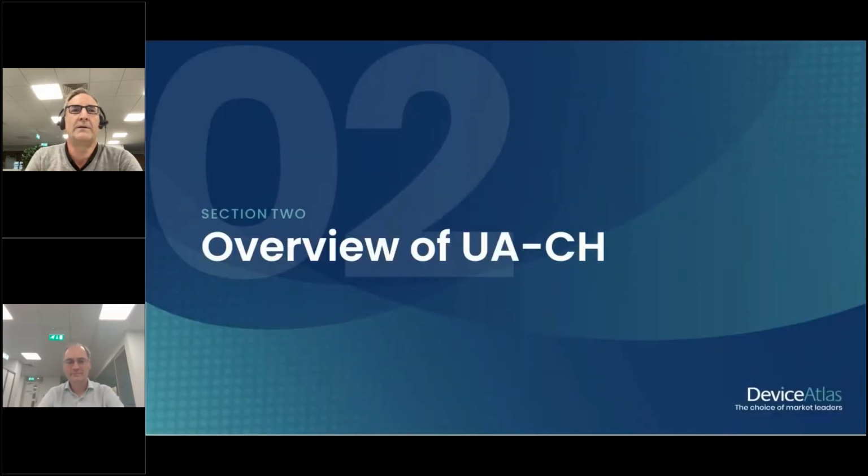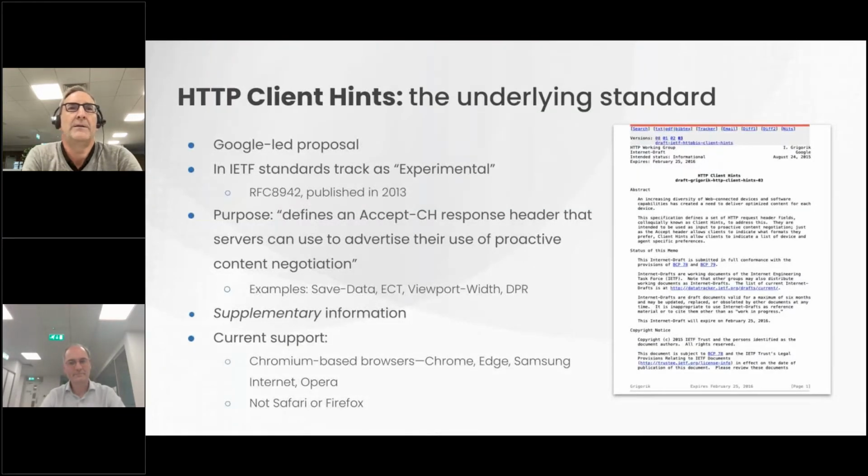So getting on to the topic at hand, we're here today really to talk about user agent client hints. And before we can really understand what this is all about, you have to look at the standard that underpins this new proposal. So back in 2013, Google made a proposal in addition to the web standards called HTTP client hints.